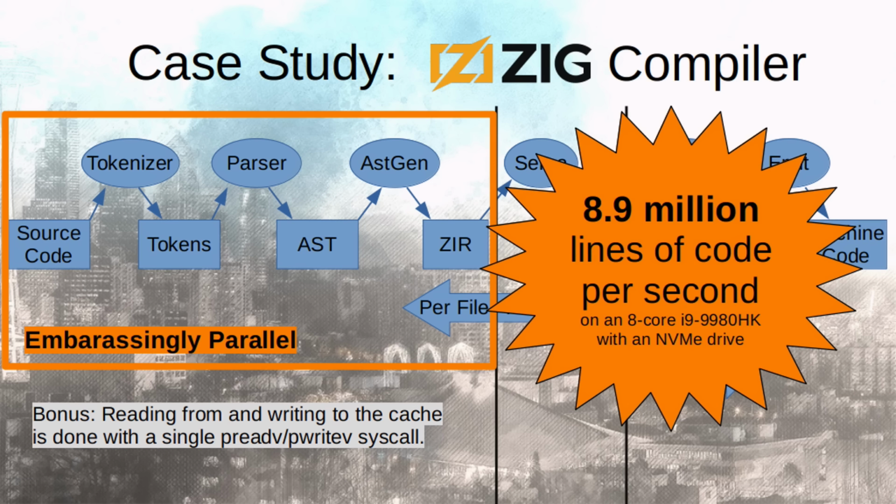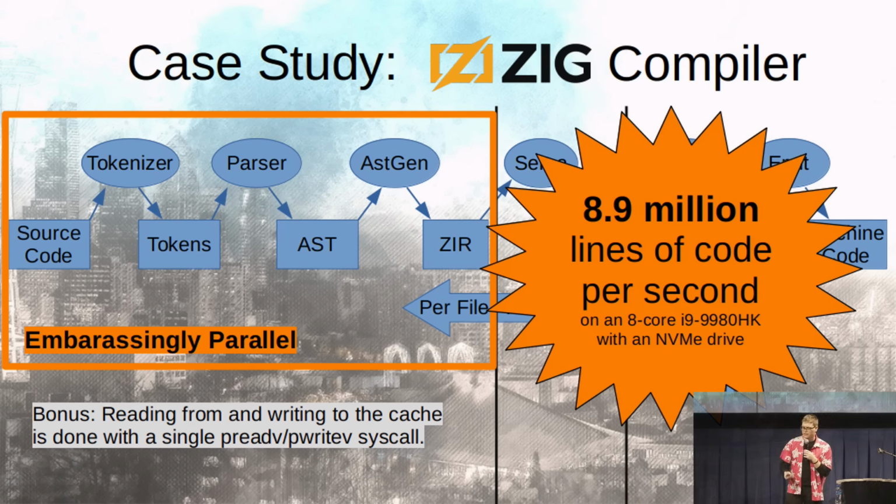There's a syscall on POSIX called writev or readv, where you actually just give arrays to the OS, and it does the whole thing at once. It's one syscall to save these to the cache or to load these from the cache. So this number here includes saving the data into the cache, right? We're interacting with the file system here to avoid this work next time.